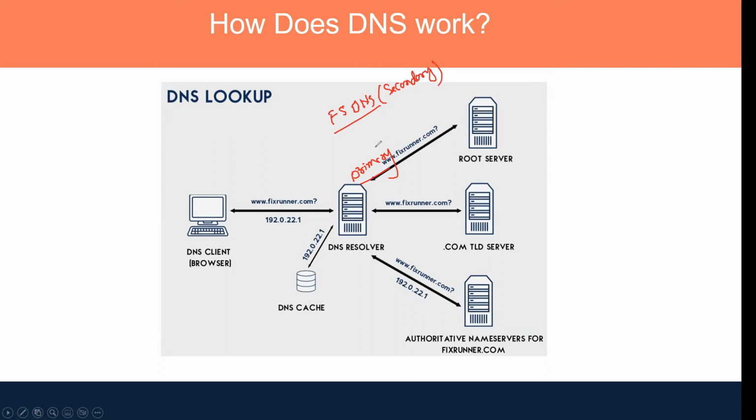All the sync between primary and secondary would happen. Now your query, instead of going to the local resolver, would go here to F5. Whenever you make changes on the primary, they sync to the secondary. That means F5 knows that, and now all the requests would be resolved by F5 itself, not by this DNS resolver.